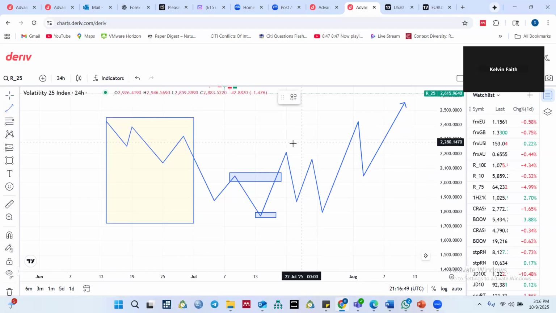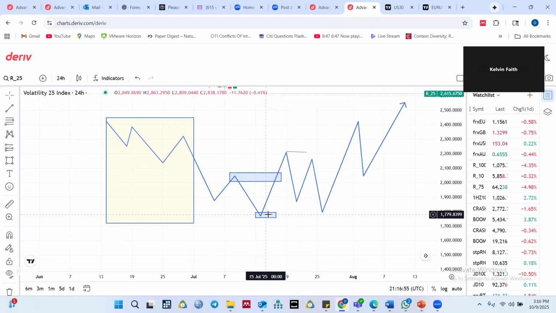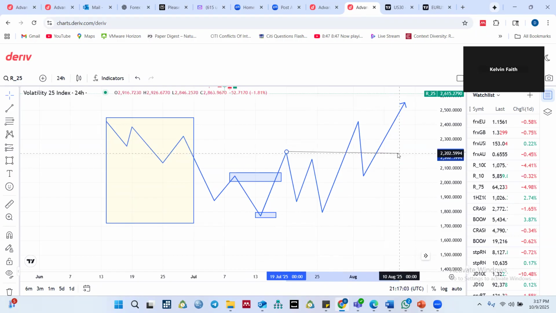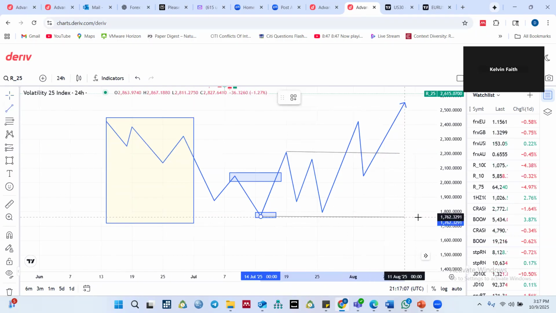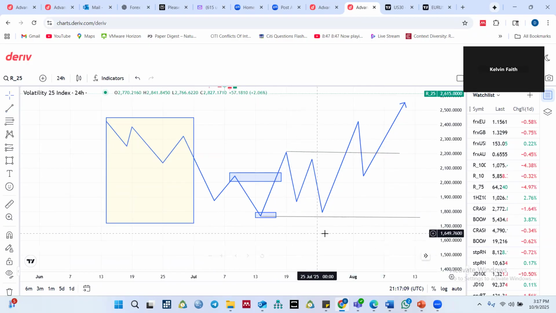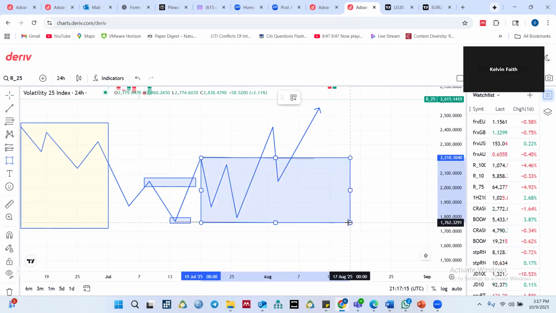So from the point where the impulsive move started to where it got to becomes our range, our swing range. And it is within this range that we are going to find buy entries. This is where we will be looking for trade setups.